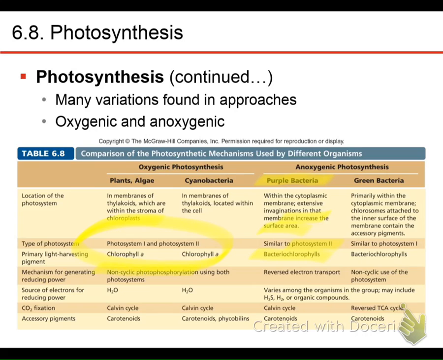Over here we saw photophosphorylation, non-cyclic photophosphorylation. These guys, to generate reducing power, run the electron transport chain backward. How the heck does that work? Got enzymes that can do the reverse reactions of the electron transport chain. What would be the product of the electron transport chain if you were to run it backward? NADH and FADH2.